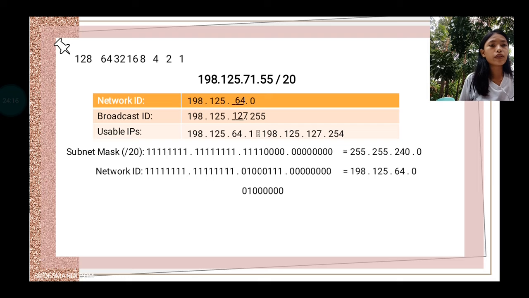Now remember that you need to allocate 2 addresses for the host ID and for the IP address. So, next example.